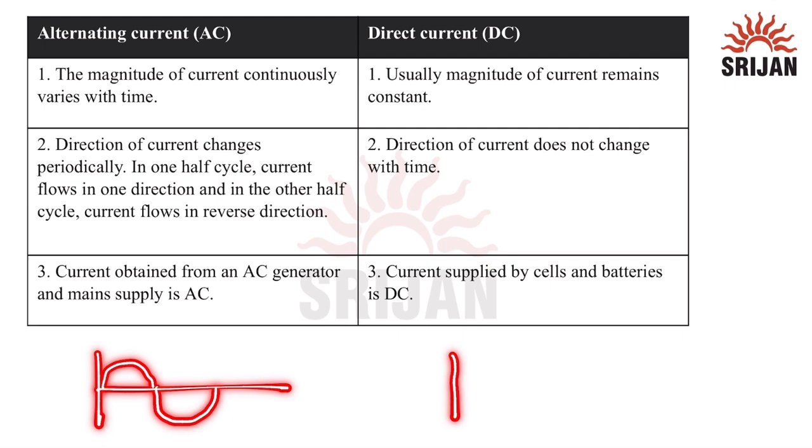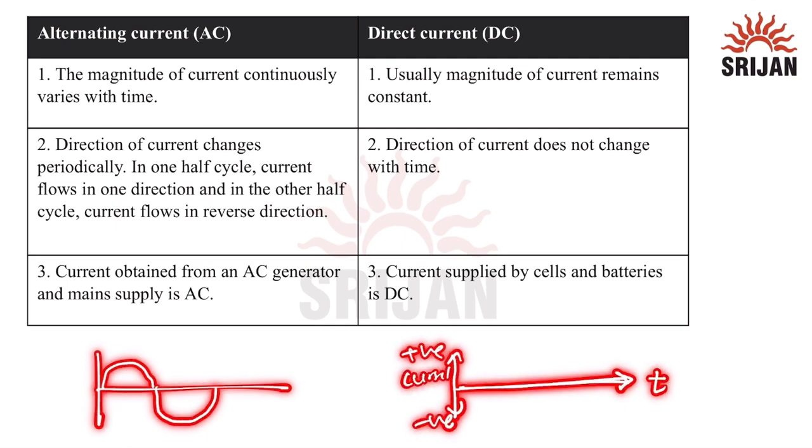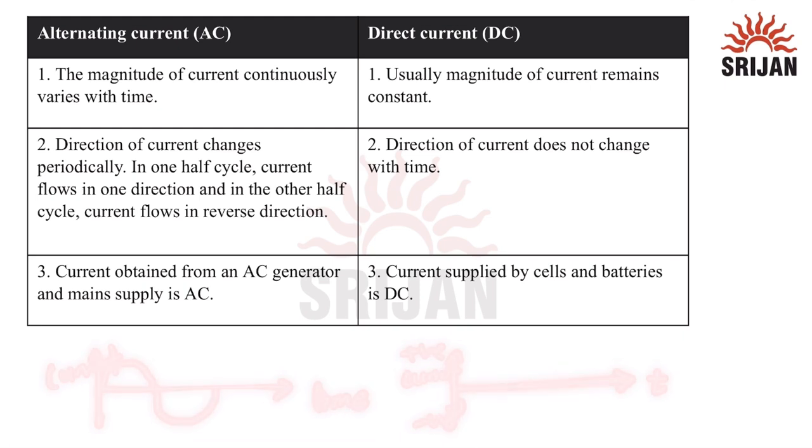But for DC, the current does not change with time. Like this: if this is the positive axis, this is the negative axis, this is the time axis, and this is the current axis, this is the graph for DC current, and this is the graph for AC current. This is the current and time graph.